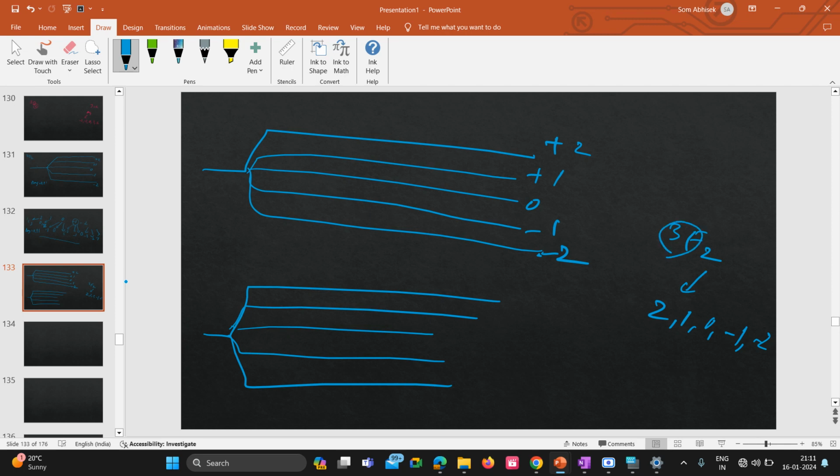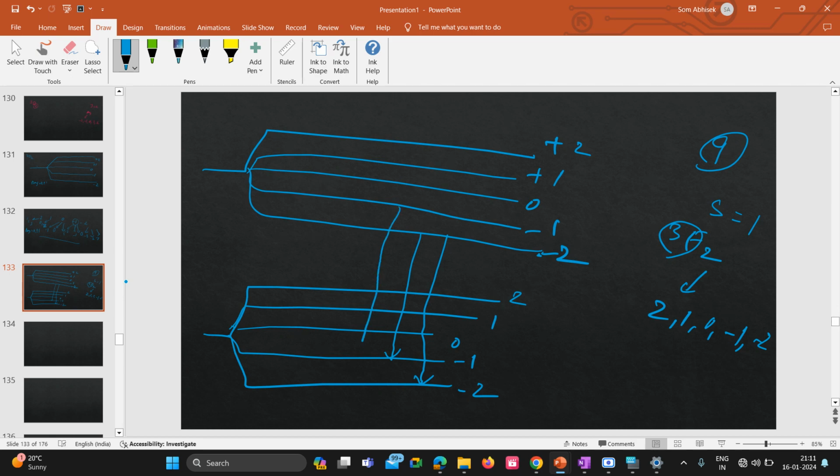So check how many lines you can draw. 9 components are observed, so check whether 9 components can be observed here or not. Minus 2 to minus 2, minus 2 to minus 1.